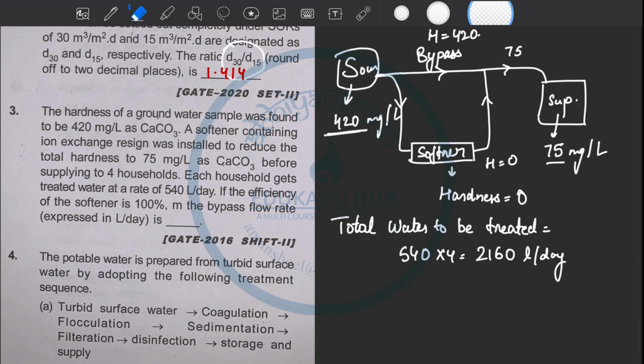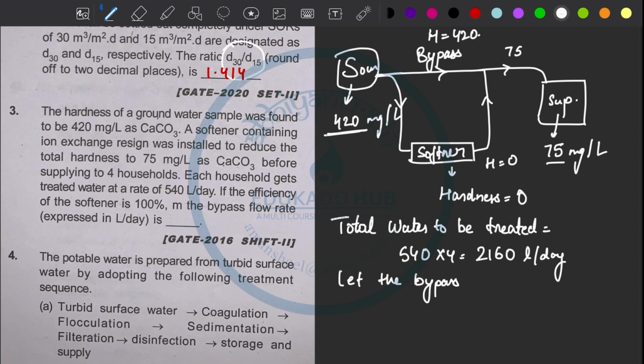Let the bypass rate be x. The hardness of the mix is the hardness into discharge of the total mixed discharge, which equals the hardness of the softener into discharge of the softener, plus discharge of the bypass into hardness of the bypass.